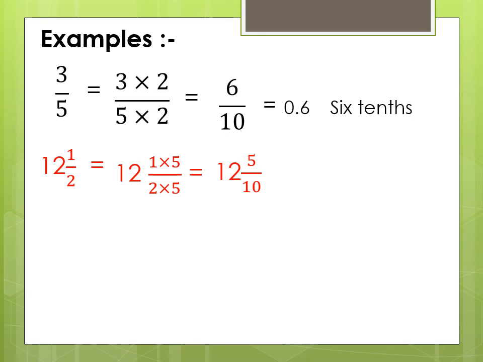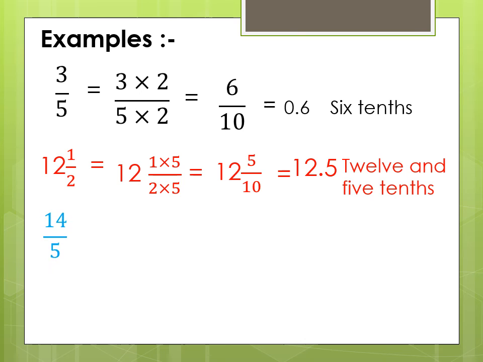And the whole number is written easily: 12 and 5 over 10. How can I write it in decimal? I will write 12.5, or I can say 12 and 5 tenths.